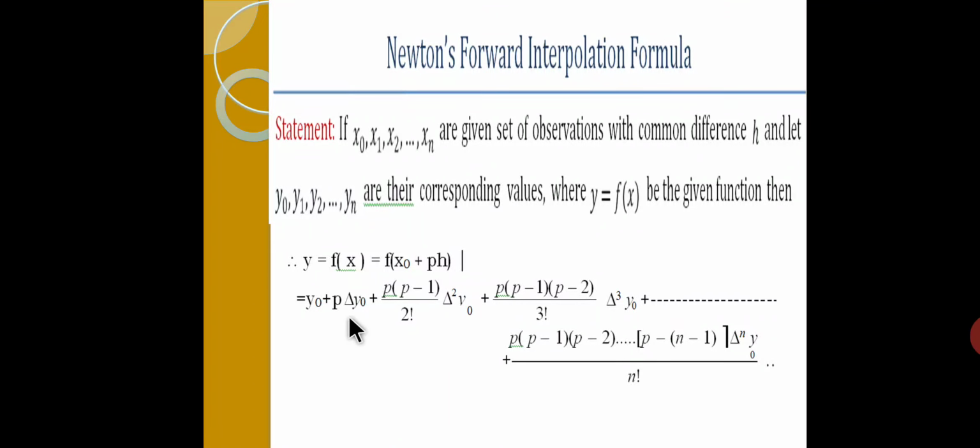Here delta y0 is the first forward difference, delta square y0 the second forward difference, and delta cube y0 the third forward difference, and so on. So in the difference table, the first values of the table are substituted in this formula: delta y0, delta square y0, delta cube y0.